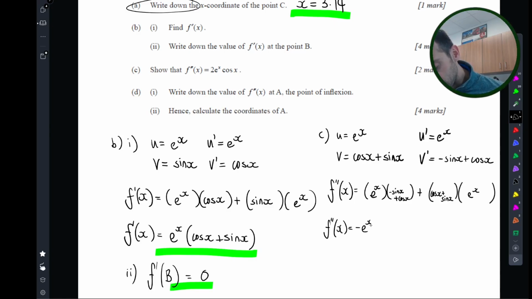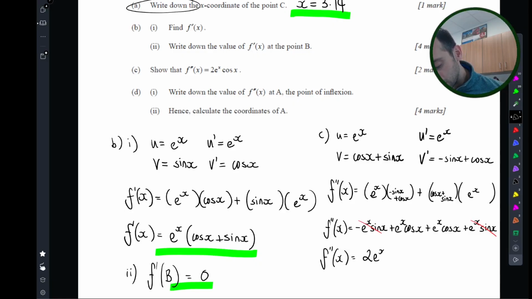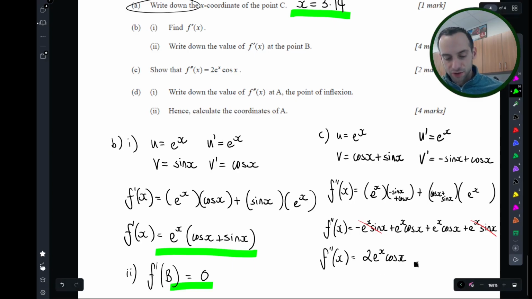This would be negative e to the x sine x plus e to the x cosine x plus e to the x cosine x plus e to the x sine x. Okay. We've got the answer given, so that's a clue that these e to the x sine x's should cancel, which using our algebra they do. And we get our second derivative here of 2e to the x cosine x as they requested. Okay. That finishes out that little show that problem.